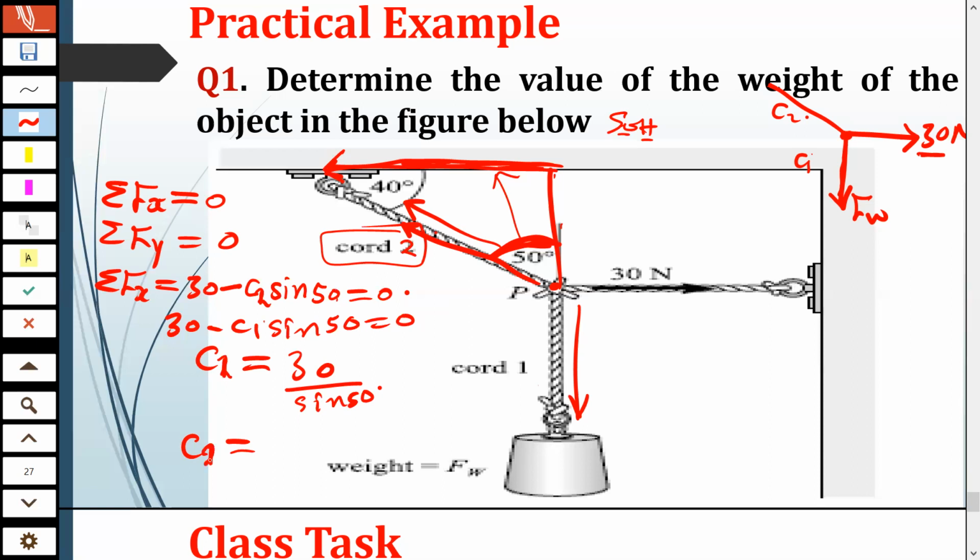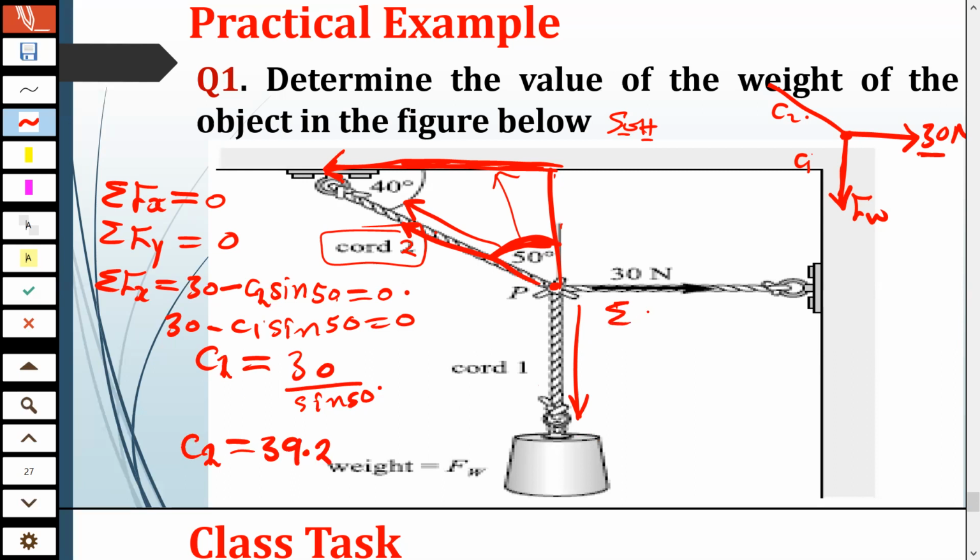So C2 is therefore going to be equal to 30 divided by sine 50. And this is going to be 39.2. So C2 is 39.2.